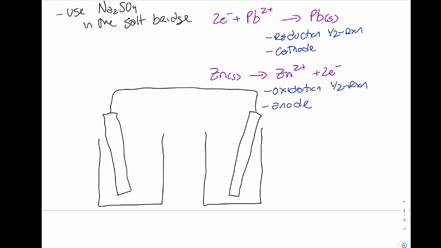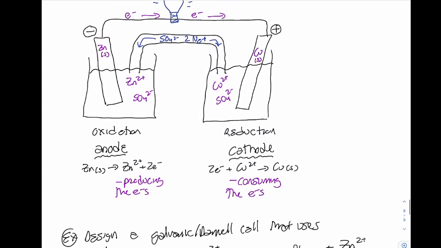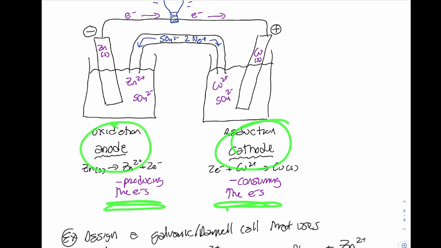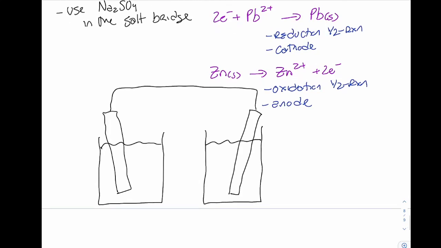And then it is standard, you don't have to do it this way, like I said earlier, but it is standard to draw our anode on the left. And again, just make sure that you have this electron flow going in the right direction, from our anode, the one producing electrons, to the cathode, the one consuming them. I am going to put my anode over here though.